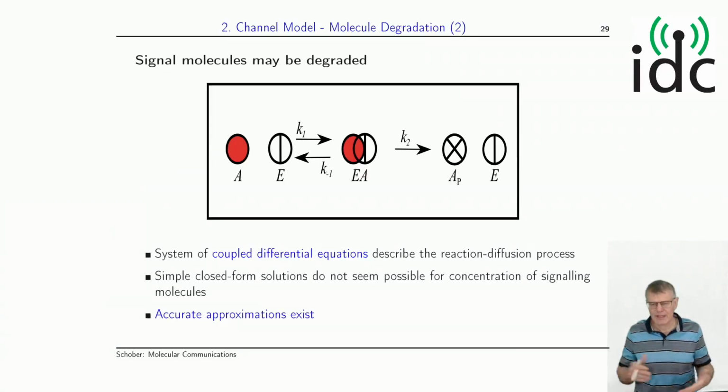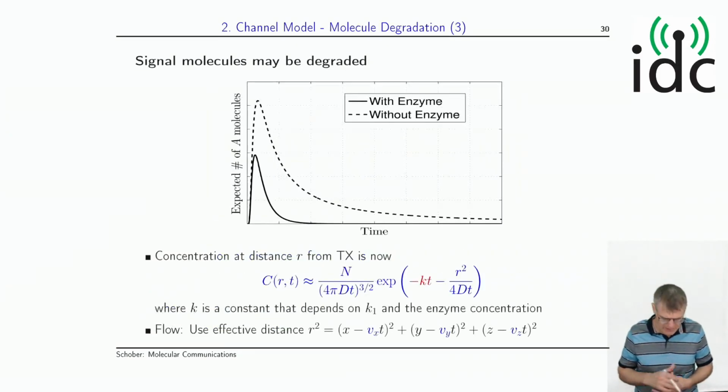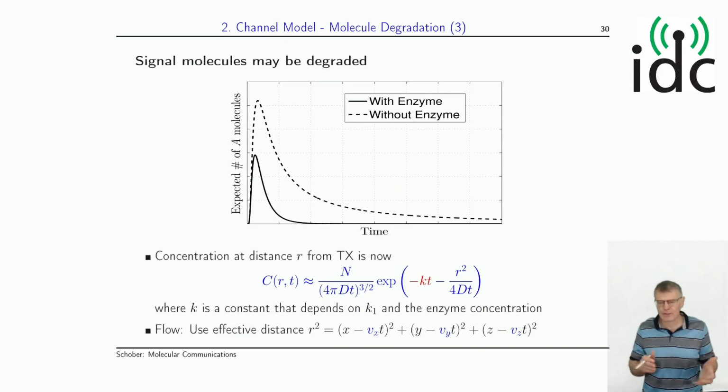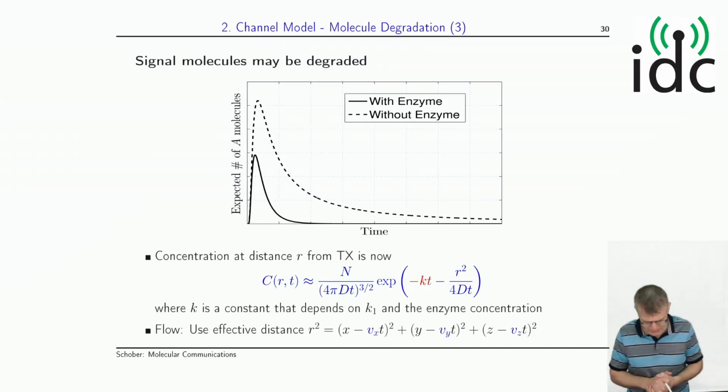Therefore, we cannot solve these reaction diffusion equations in closed form in general. But often what is possible is to find an accurate approximation. And we did this in our prior work. So we found such an approximation for a scenario that is typical for molecular communication environments.